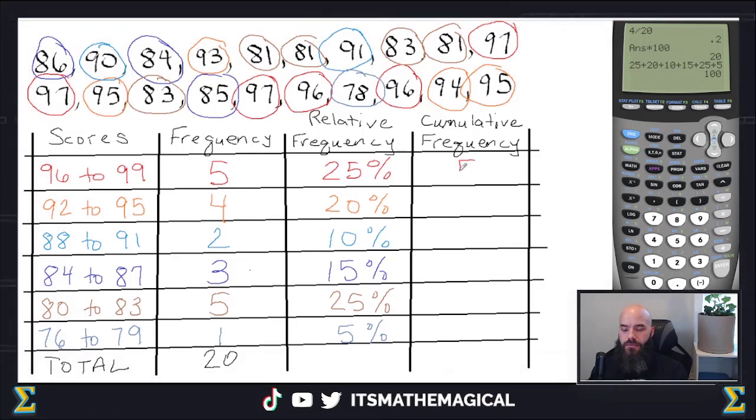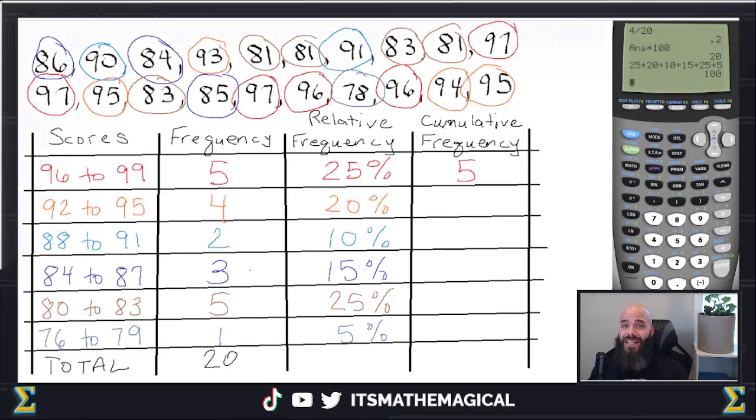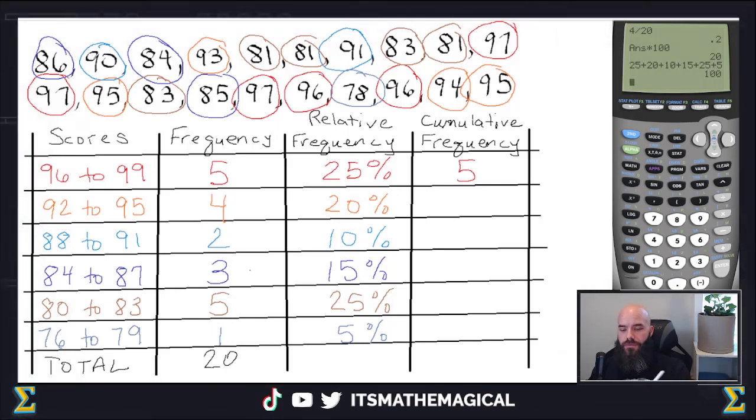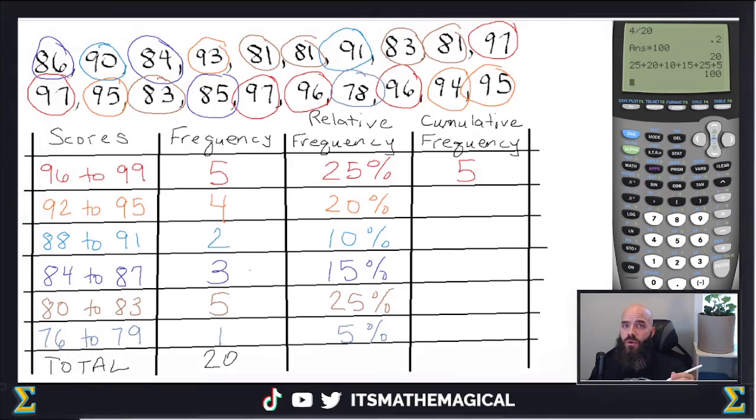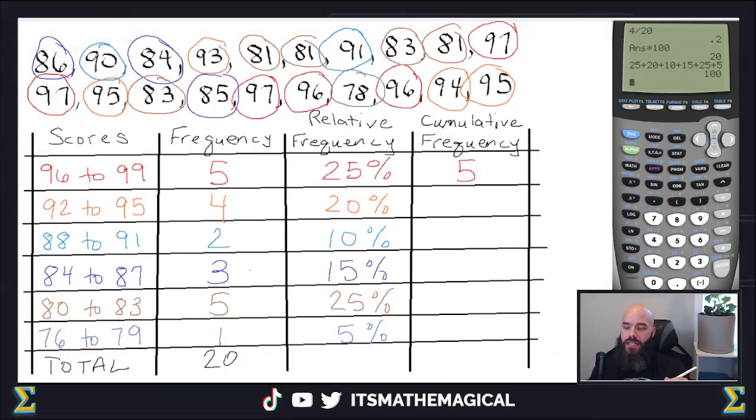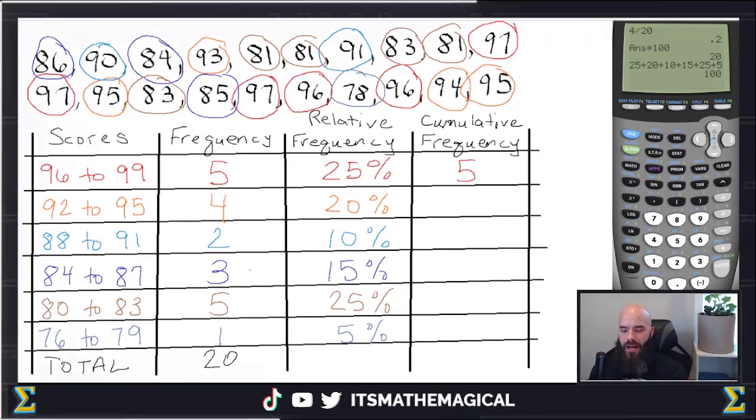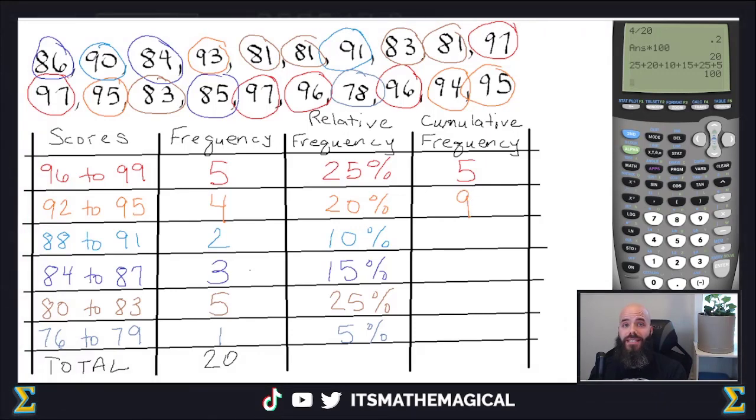Of course, that frequency was 5. There's nothing before that. Now, when we go to that second bin, the cumulative frequency will be the frequency of the bin from 92 to 95 added to the bin before, which was the bin from 96 to 99. So the bin from 92 to 95 has 4. We're going to add that to 5, and the cumulative frequency there is 9.